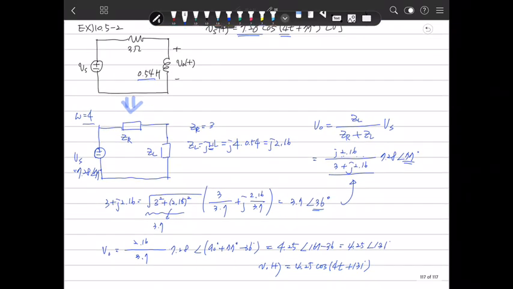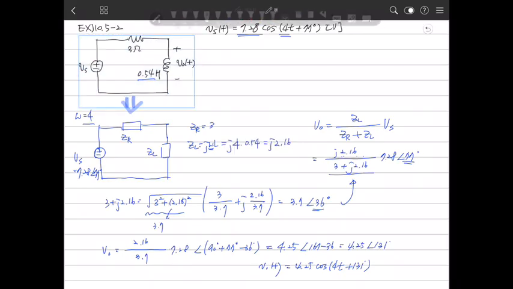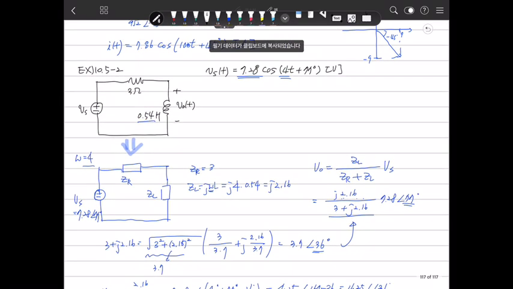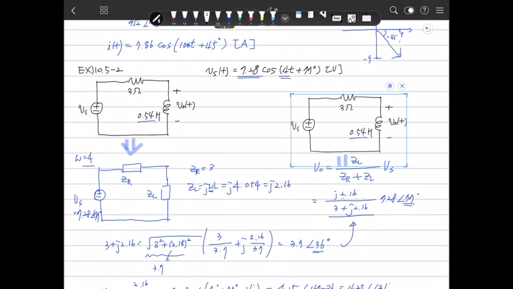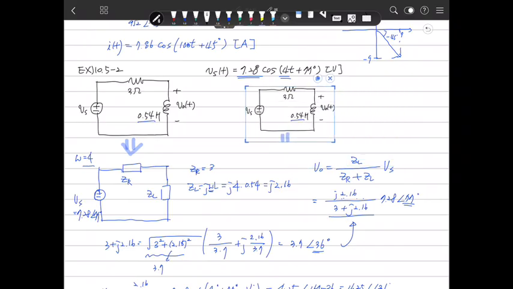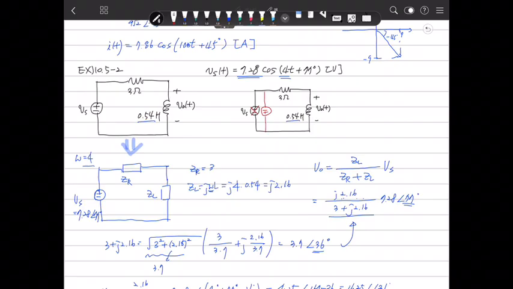In the problem, if you change the direction of the source, copy and paste it here, and change it to minus plus this way.